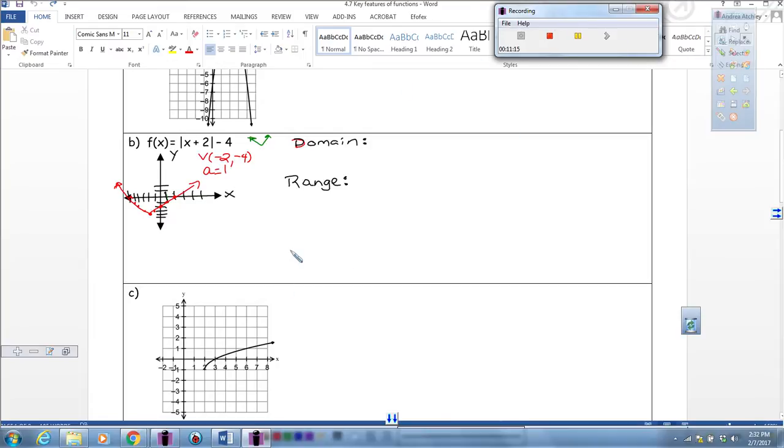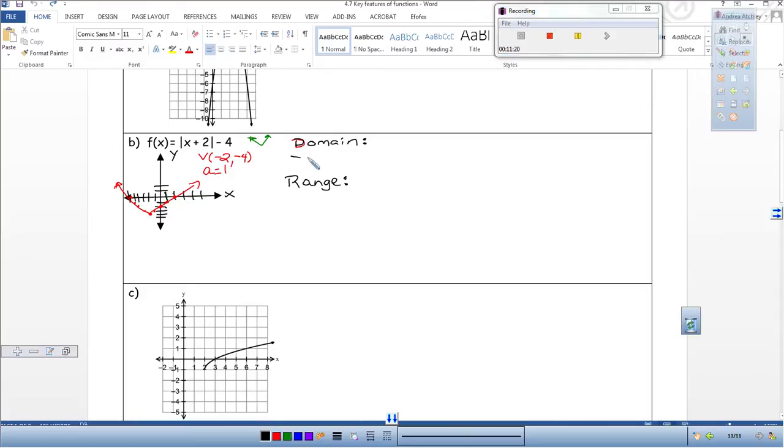Let's see. Diane, what do you get for the domain? Very good. Domain is going to be left and right, so it's negative infinity to positive infinity.